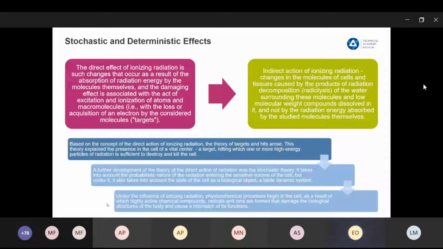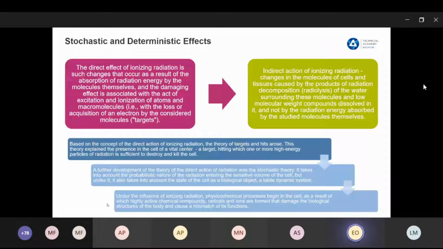A further development of the theory of the direct action of radiation was the stochastic theory. It, like the target theory, takes into account the probabilistic nature of the radiation entering the sensitive volume of the cell. But unlike it, it also takes into account the state of the cell as a biological object, a labile dynamic system.